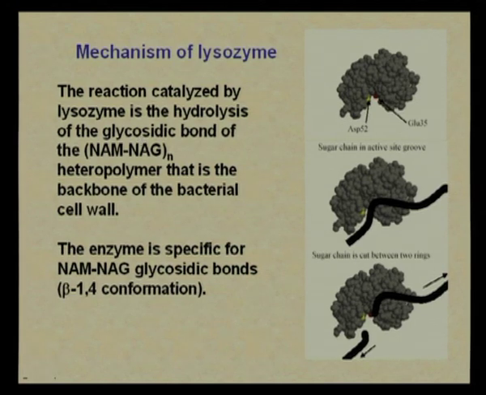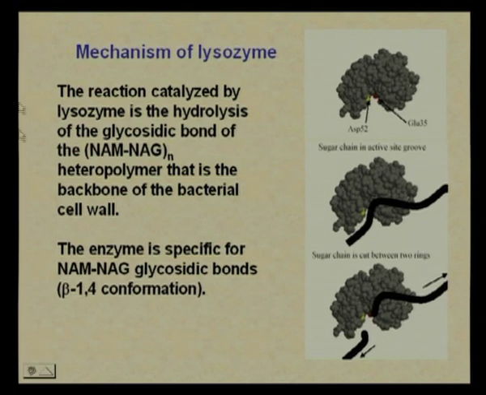When you link sugar molecules together, this we will study in more detail when we do carbohydrates, but for now it suffices to know that we have a glycosidic linkage that is linking the two sugar molecules together.